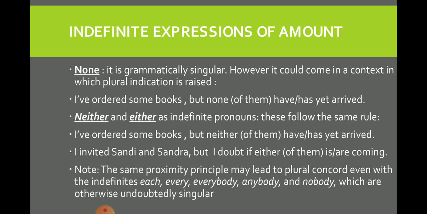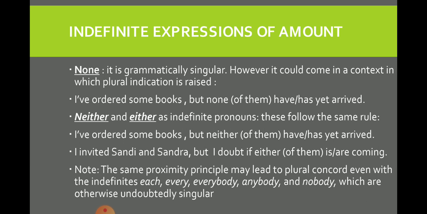For example, none. It is grammatically singular. However, it could come in a context in which a plural indication is raised. So none is basically singular. However, sometimes we can use it as an indication for a plural. I've ordered some books, but none of them have or has yet arrived.